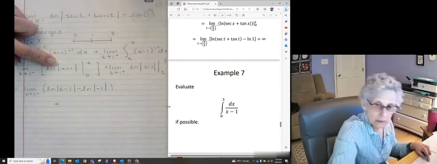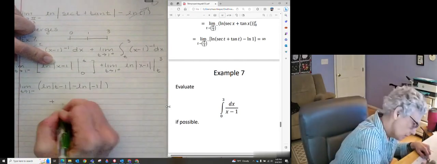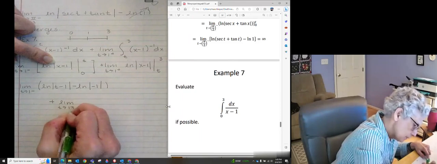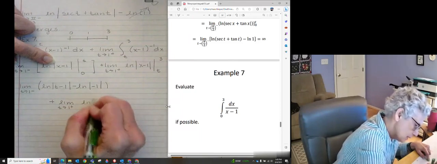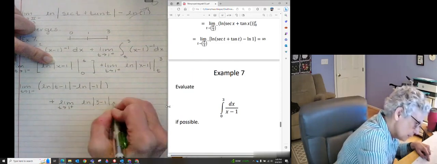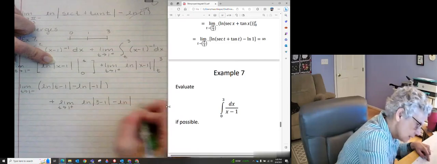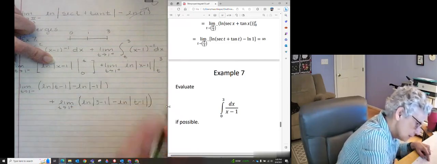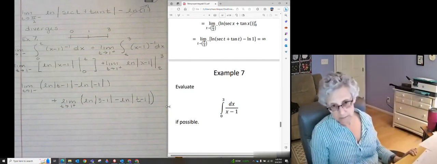I'm going to go ahead and put this on another line because I write really big. Limit as t approaches 1 from the right, natural log absolute value of 3 minus 1 minus the natural log absolute value of t minus 1.